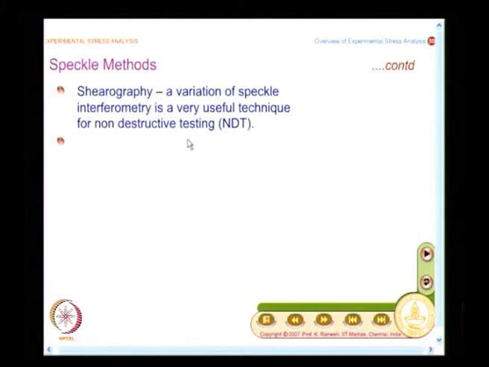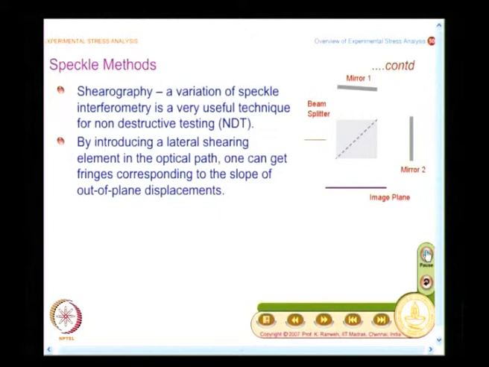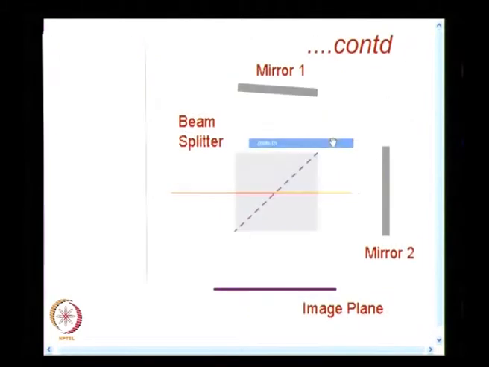There again you have problem of delamination, and techniques like this go a long way in identifying it. And this shows the shearing element. We will have a closer look of it.